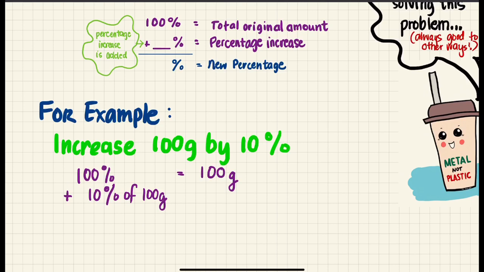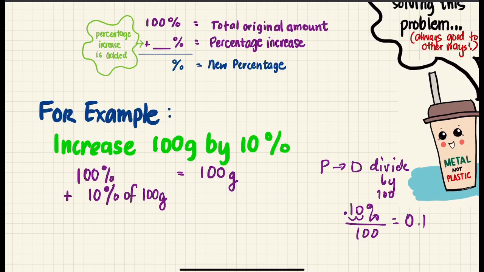Now, you cannot multiply or divide or do any operation with a percentage. So remember, percentage to decimal is divide by 100. So 10% divided by 100, move the decimal point 2 places, is 0.1.